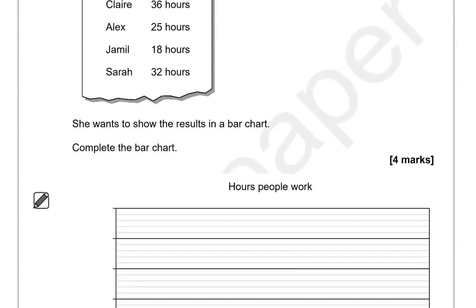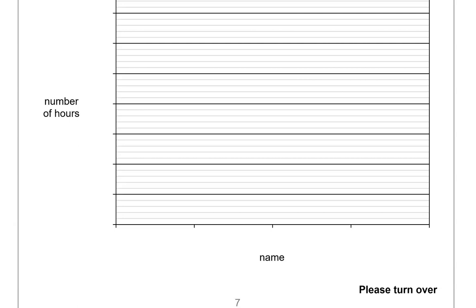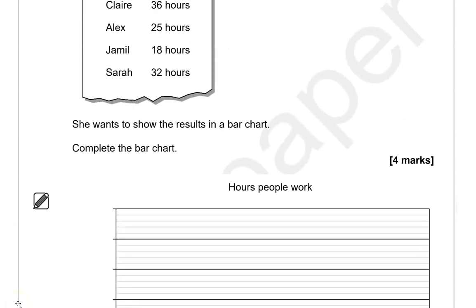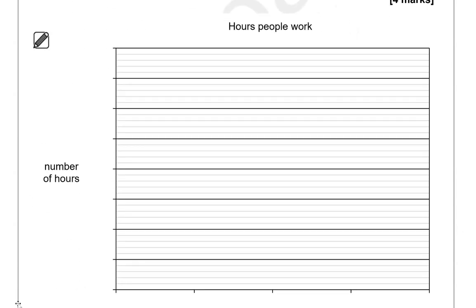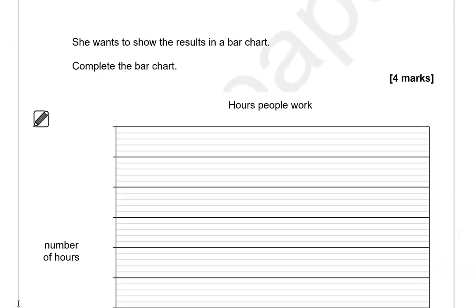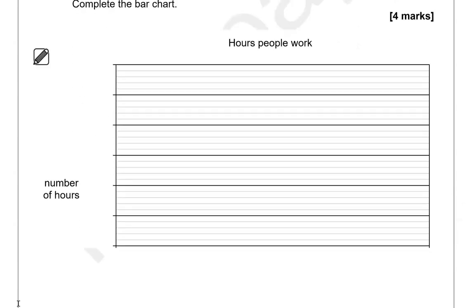So we've got 4 names that we can represent horizontally. So Claire, Alex, Jamil, and Sarah.